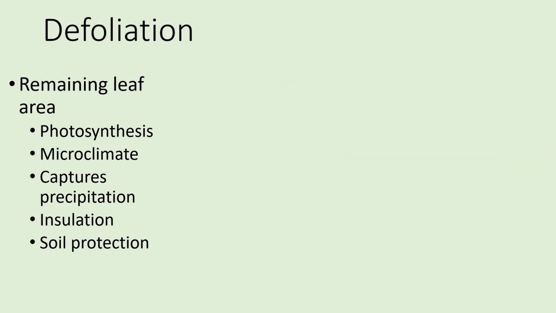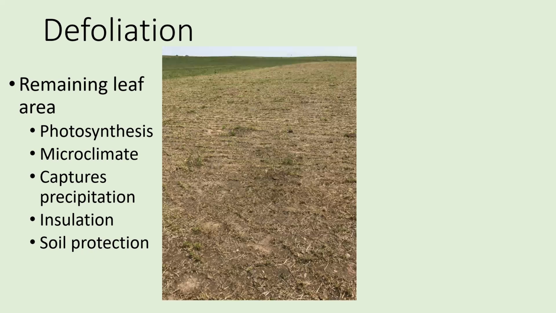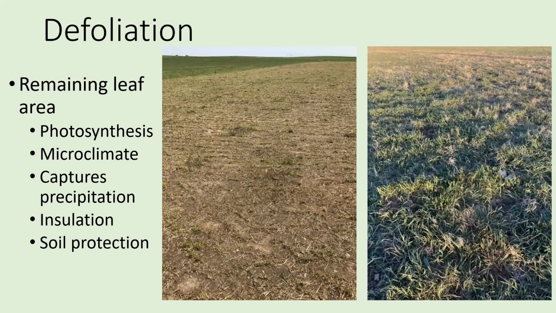Okay, so the next really important thing to think about when defoliating our grasses is the remaining leaf area. The leaf area is where the photosynthesis is mainly occurring. So if you don't have enough leaf area, that plant can't photosynthesize. So here are some examples of pastures. If we graze our pasture down to look like this picture on the left, how are those plants going to regrow? They are going to have to use stored carbohydrates to regrow.